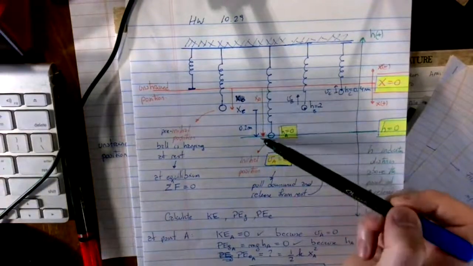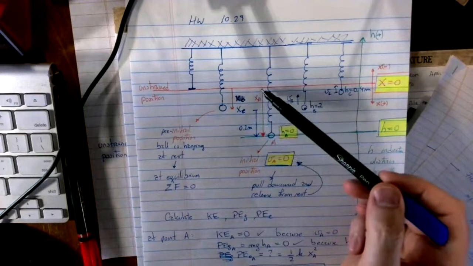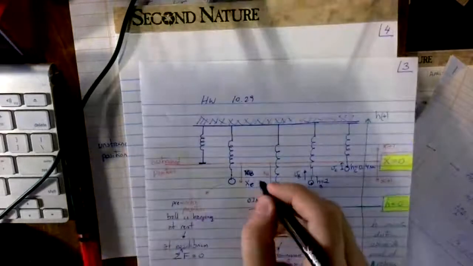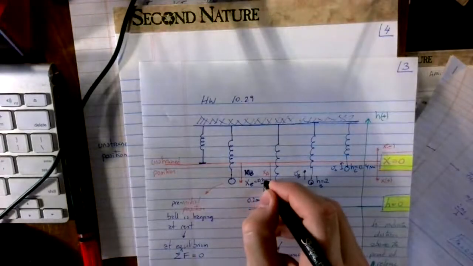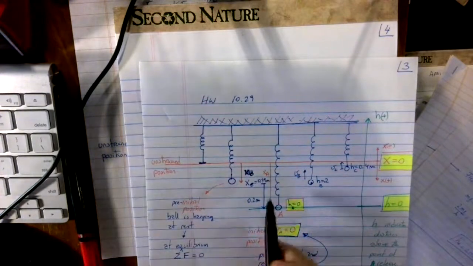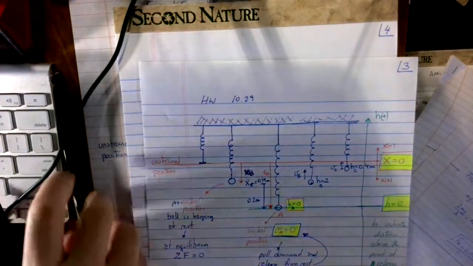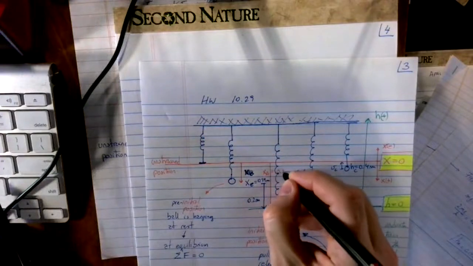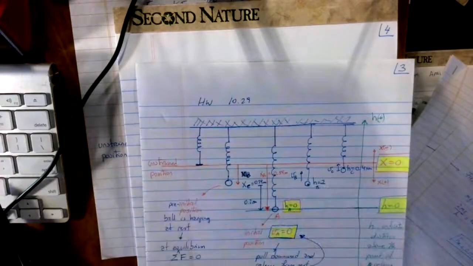So XA definitely is not 0, and it is not 0.39. XE is 0.39 from here to here, so XA is 0.59 meters.